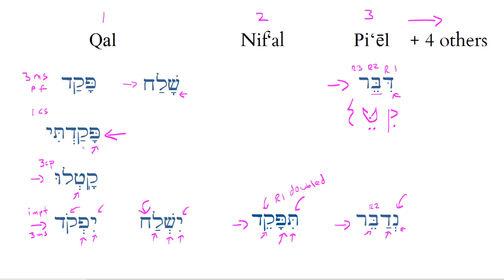Then our theme vowel is a patach. Our R3 letter has a silent schwa as its vowel, and then we have a suffix here. A perfect suffix is this tav, and that identifies it as a first common singular. We'll run through all of that in great detail very soon, but these are just examples of how we use this terminology to describe Hebrew verbs.